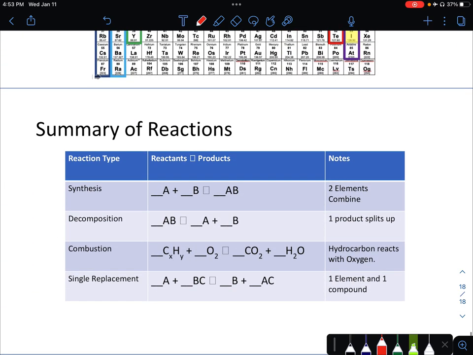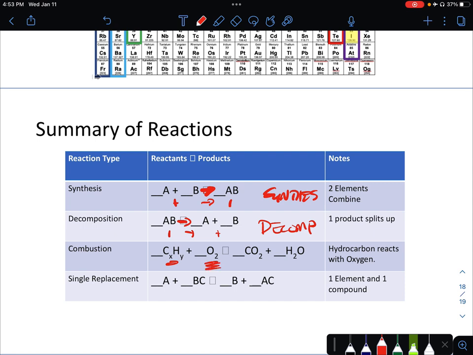All right, summary of reactions. If we get a plus, arrow, and then 1, that's a synthesis. 1, arrow, plus is a decomposition.